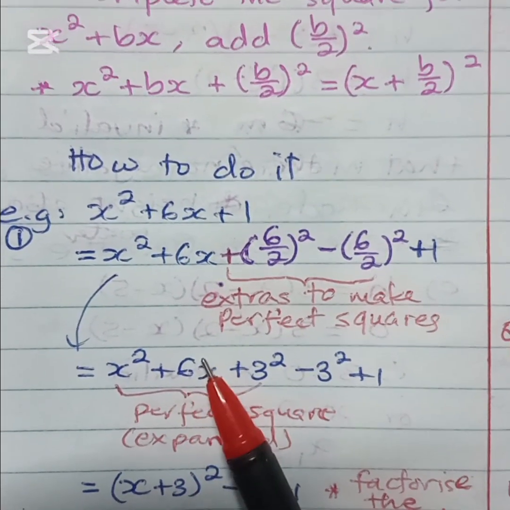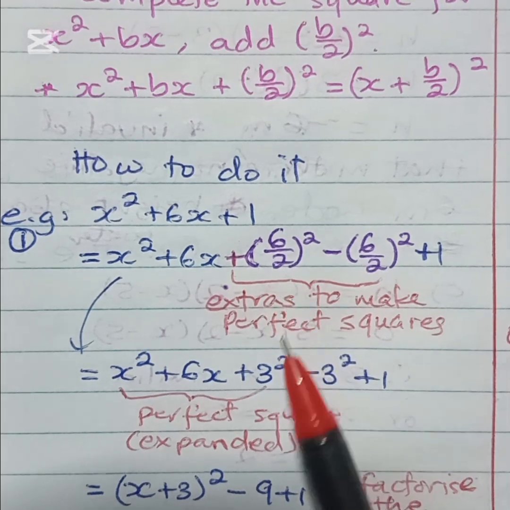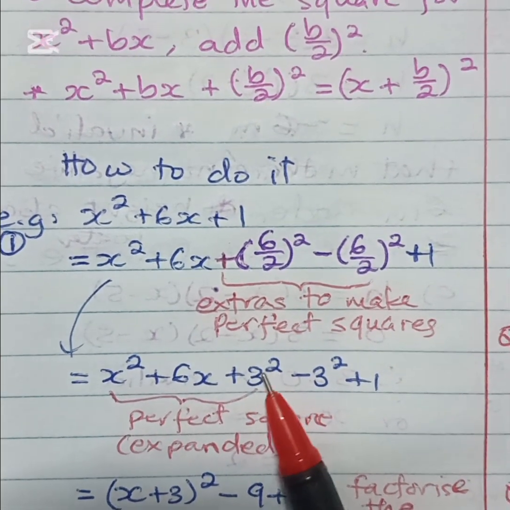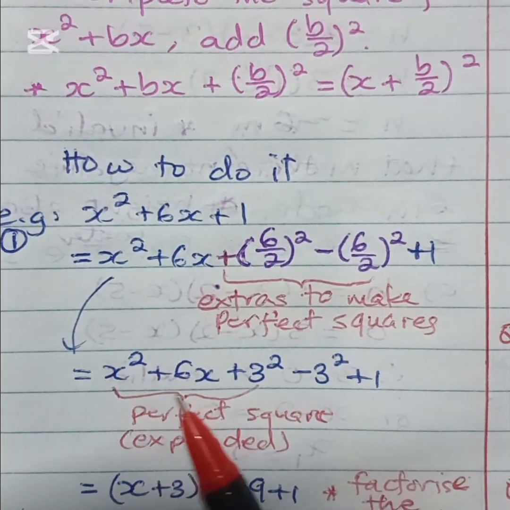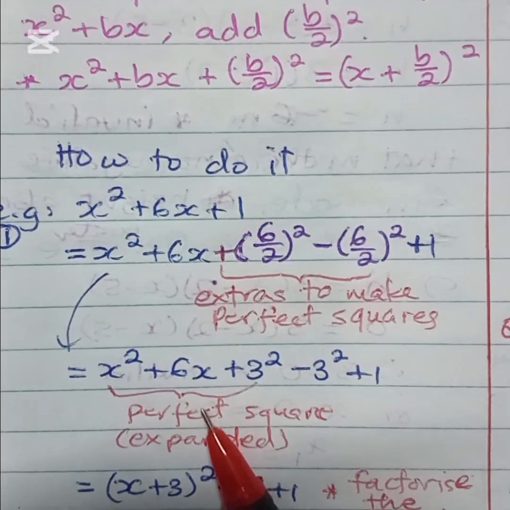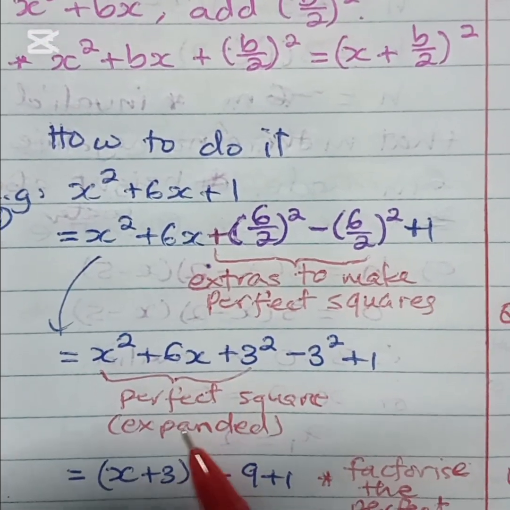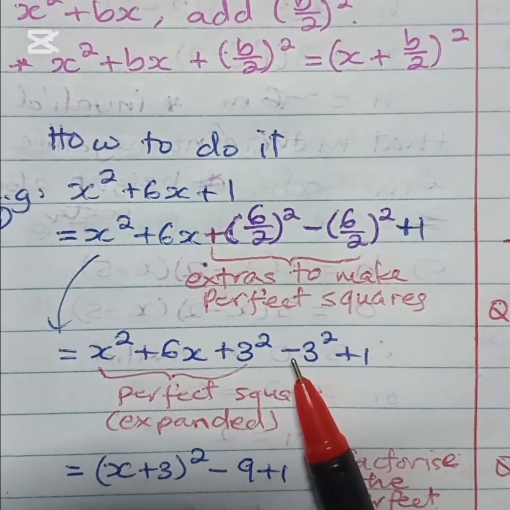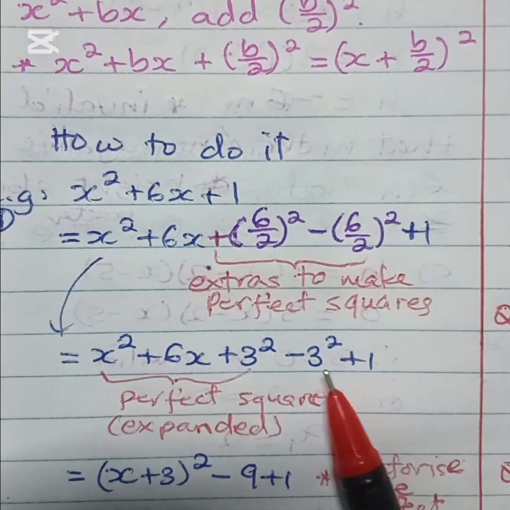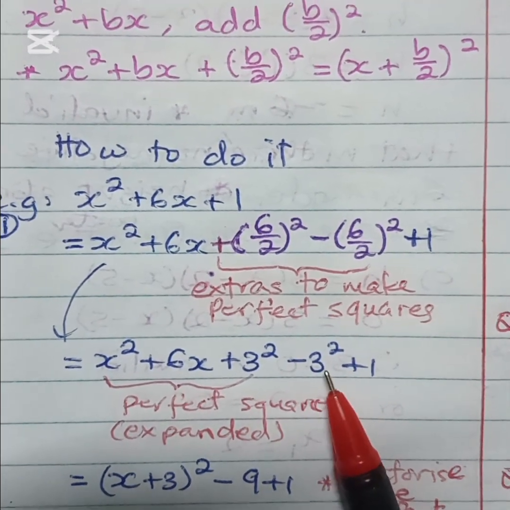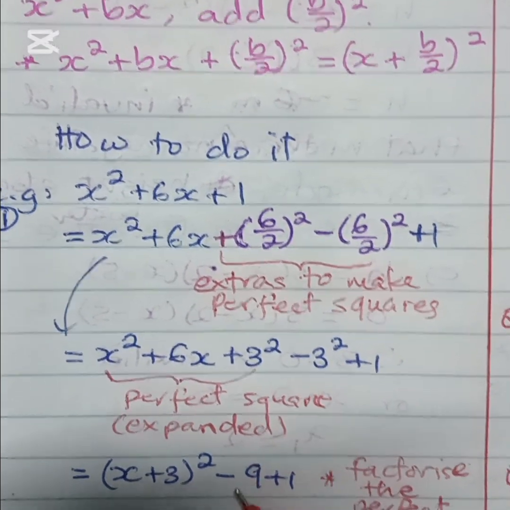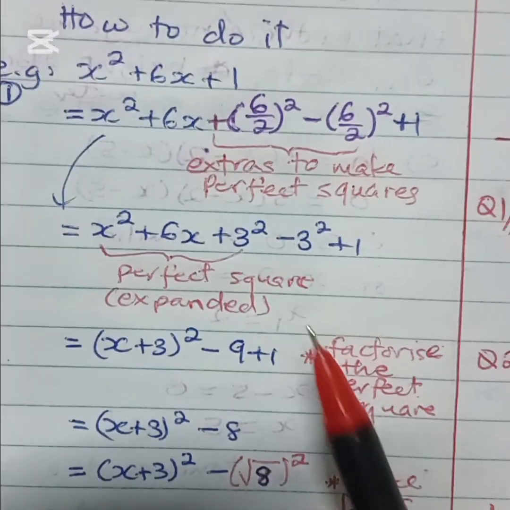So now 6 over 2 is 3, and 3 squared is 9, so this bit is a perfect square expression in its expanded form. And these two terms are extras. Minus 3 squared plus 1 is minus 9 plus 1.